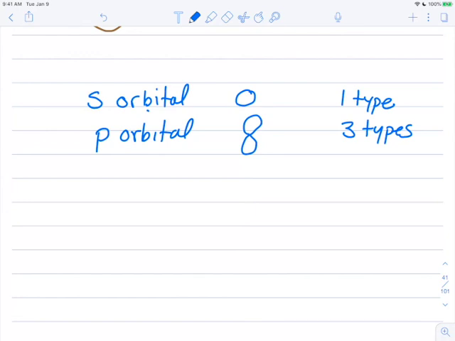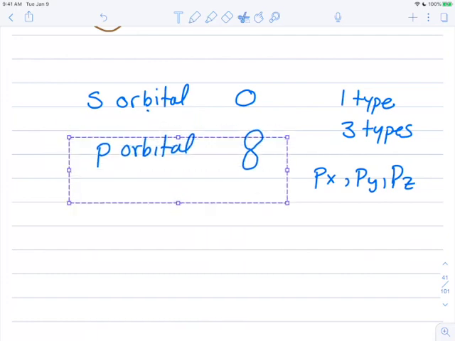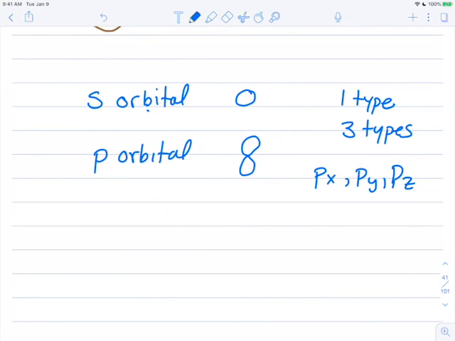So here we have what we call a px, a py, and a pz. So one is going to sit on the x-axis, one on the y-axis, and one on the z-axis. And I'm going to show you images of those in just a moment. Let me make sure this is obvious that these are all for the p orbitals. Okay, but any questions on anything so far?